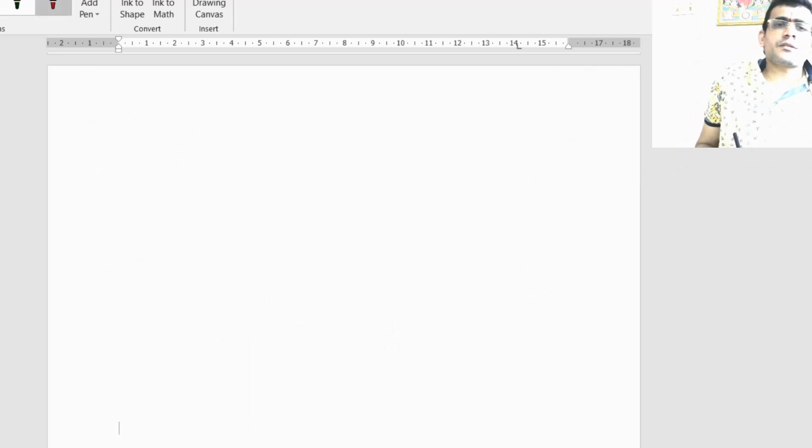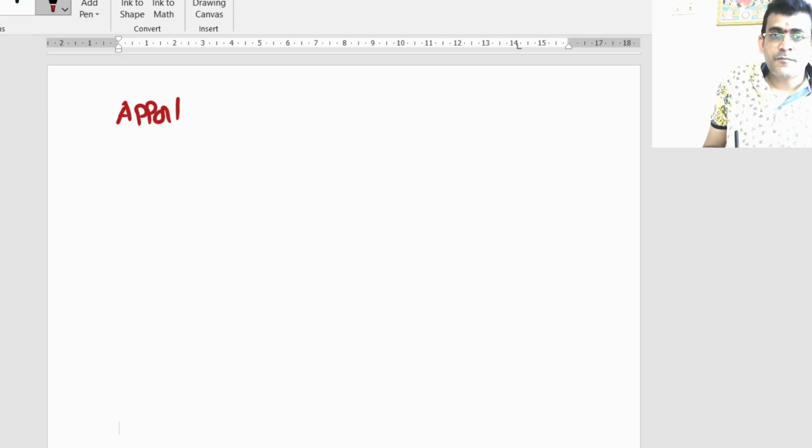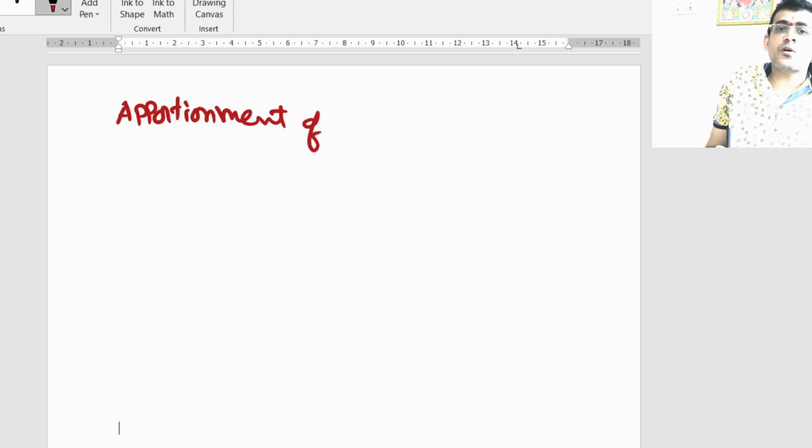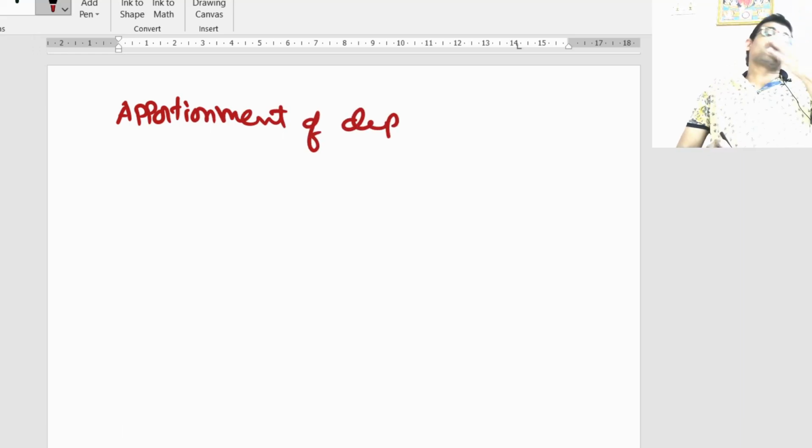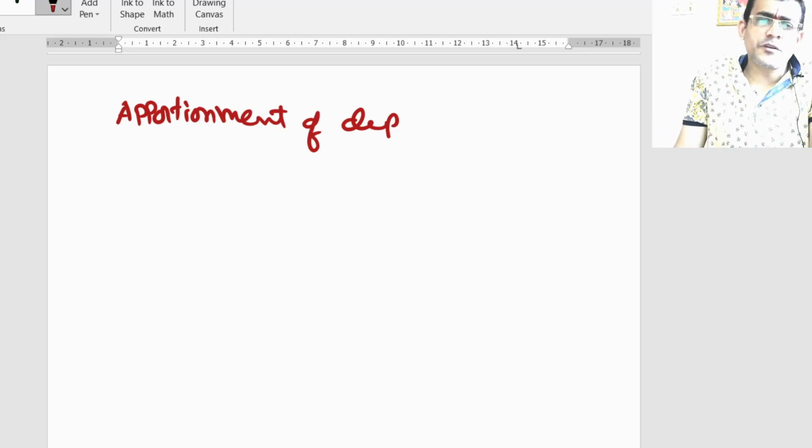Okay, now let us see apportionment of depreciation. Generally the concept of apportionment of depreciation arises whenever a sole proprietor is converted into a company or a partnership firm, or a partnership firm is converted into a company.